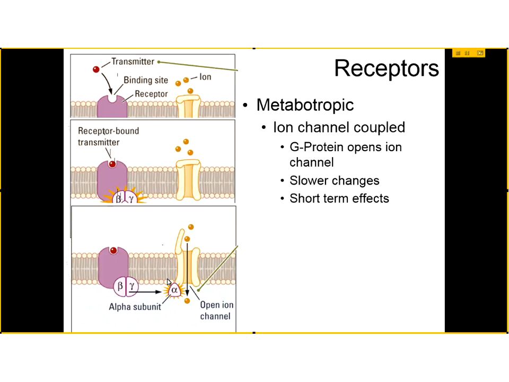You can imagine that you get scared, and then after that frightful event, you're still, for a while, kind of heightened in your arousal. That would be another example of slower changes but with shorter-term effects, longer than what we'd see with ionotropic.